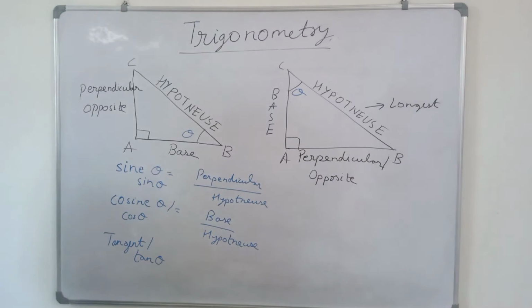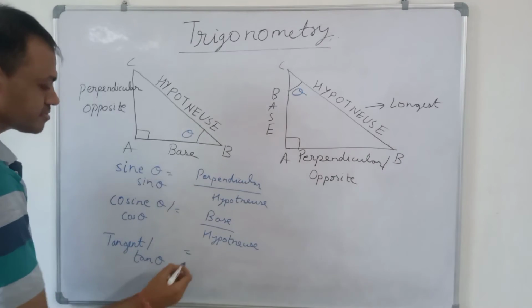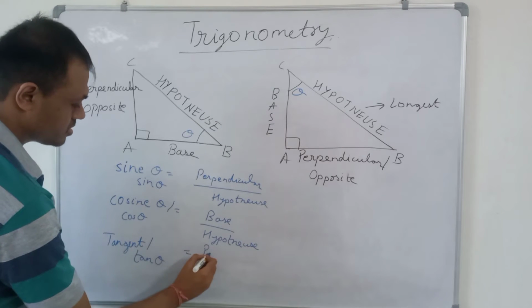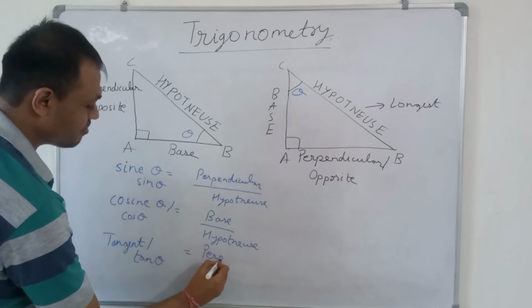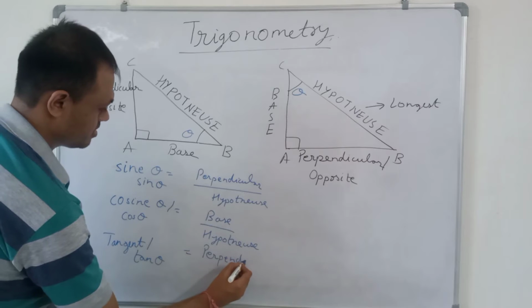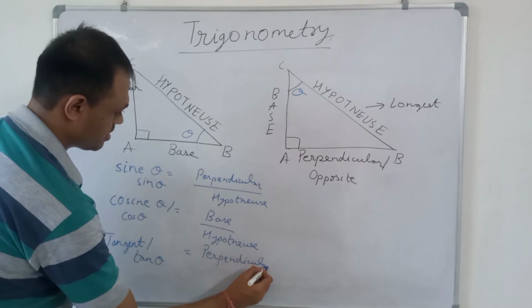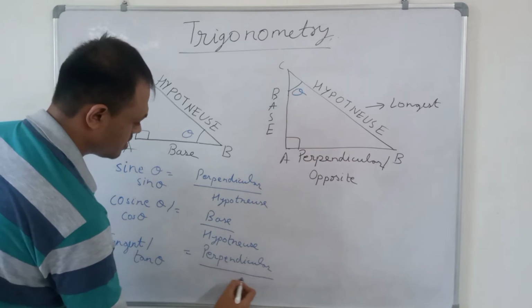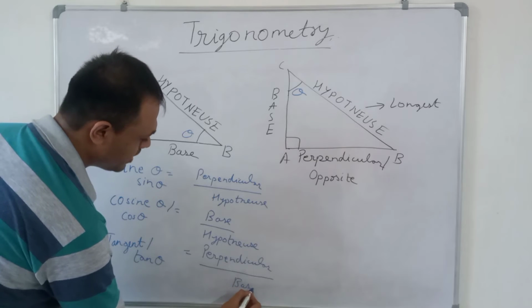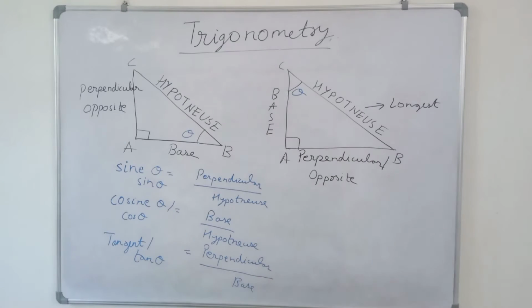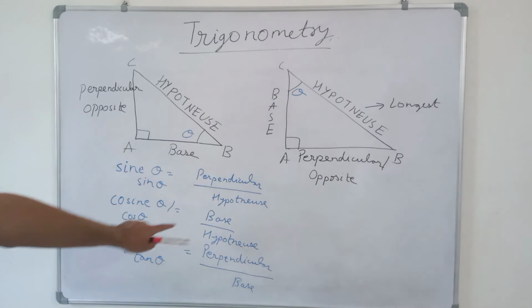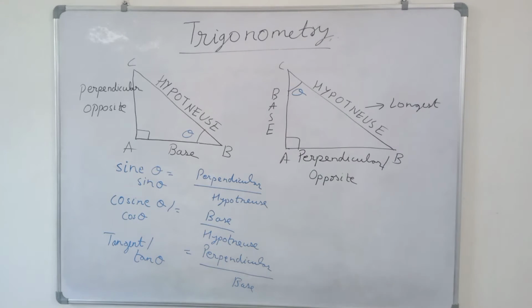So tan theta is equal to perpendicular upon base. Perpendicular is also called opposite. So sin theta is equal to perpendicular upon hypotenuse, cosine theta is equal to base upon hypotenuse, and tan theta is equal to perpendicular upon base.